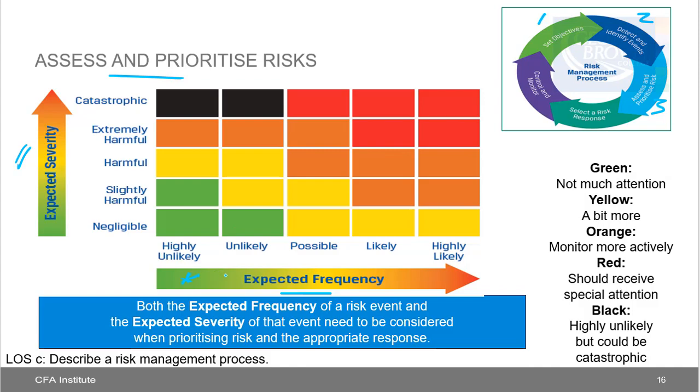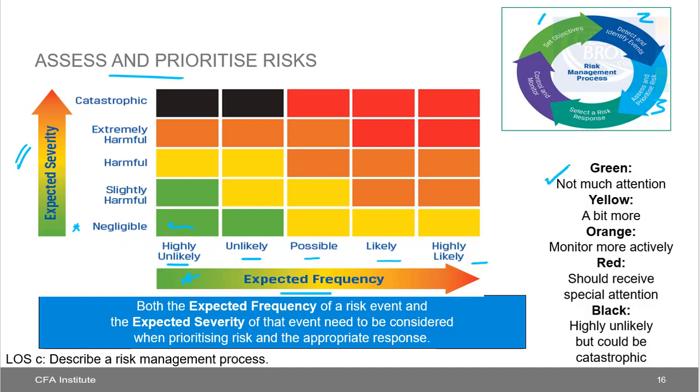So you can see here in terms of the expected frequency, highly unlikely is very green. In terms of the expected frequency: highly unlikely, unlikely, possible, likely, and very likely. So that's kind of the probability of occurrence, I would say. And then as we move up, you can see the expected severity starts from negligible. So if a risk event is highly unlikely and its expected severity is negligible, we can see it's green.